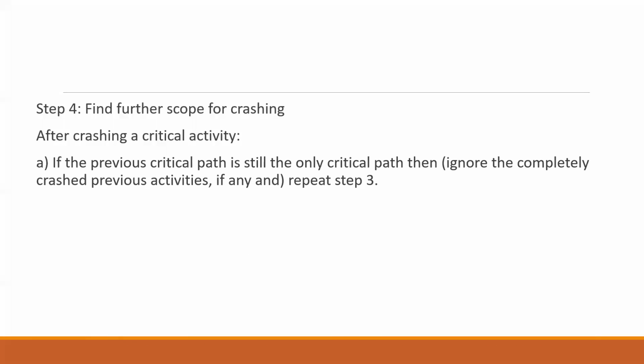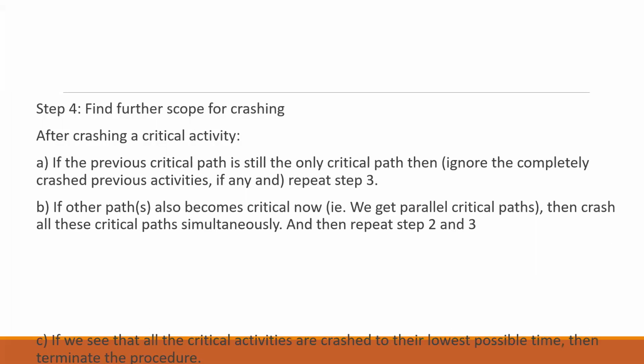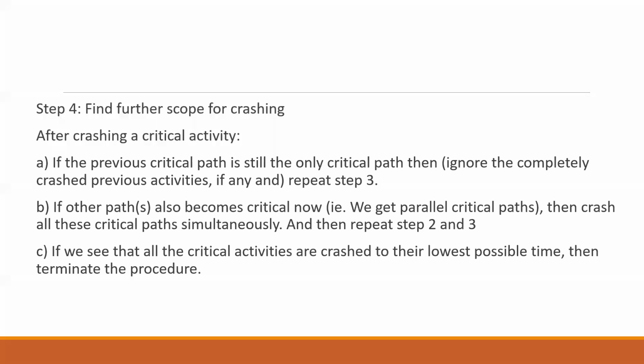Now, the third case is if we see that all the critical activities are crushed to their lowest possible time, then we should stop the procedure and try to find out the optimum project time and the project cost. Those will be the 3 cases which will be involved in step number 4, which is your last step.